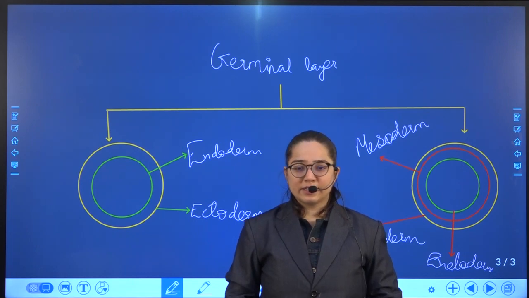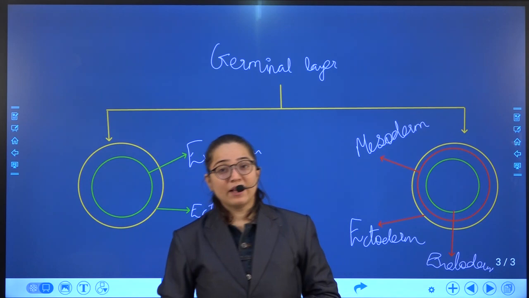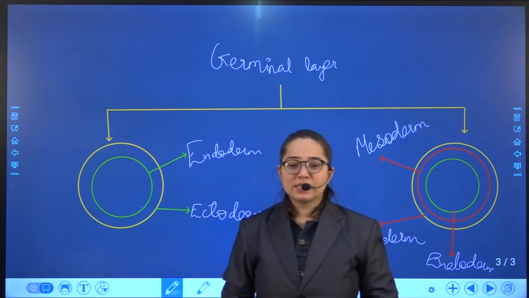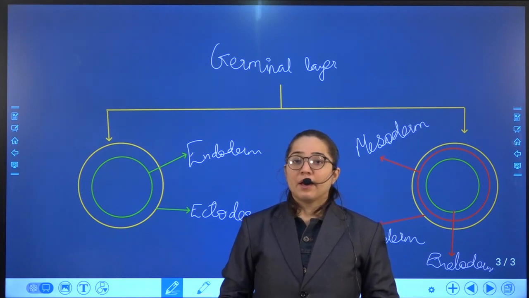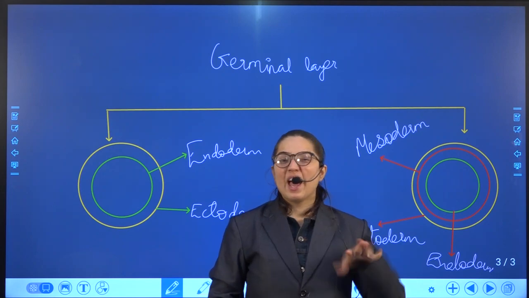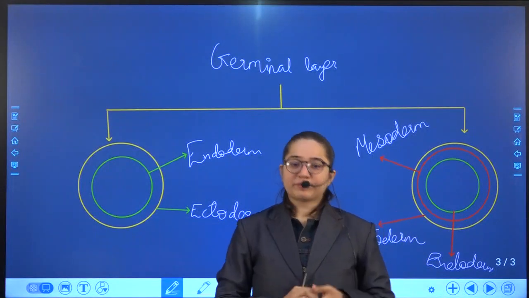Either it is bilateral or it is radial. Bilateral means getting divided into two equal halves using just a single plane. But if it's radial, that means getting divided into two equal halves using any of the planes. In-between things are not included.